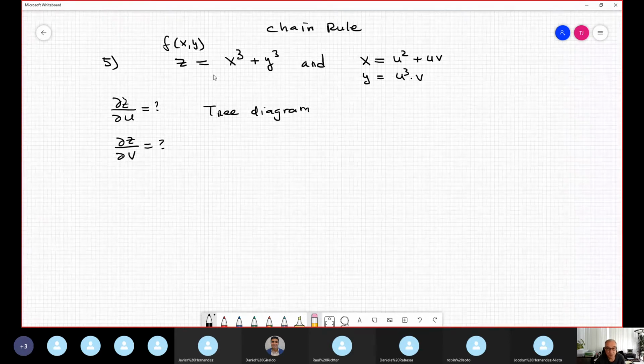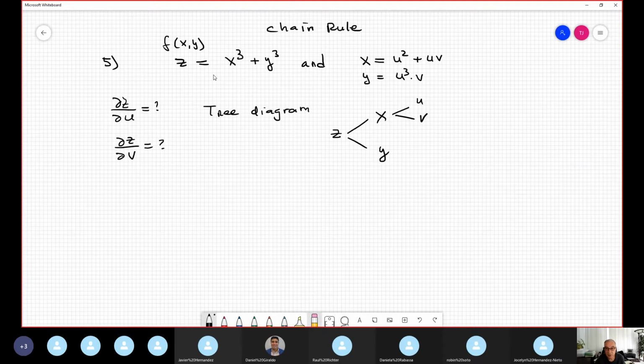The variable z depends on the two intermediate variables, x and y, and also x depends on u and v, and y depends on u and v. This is the tree diagram that expresses the connection between the variables.